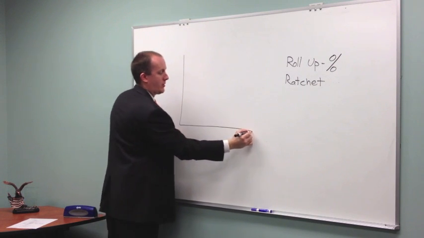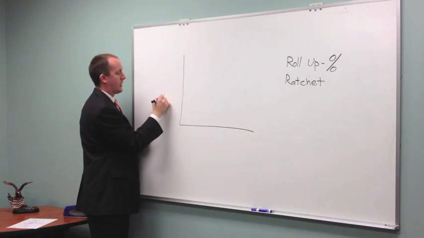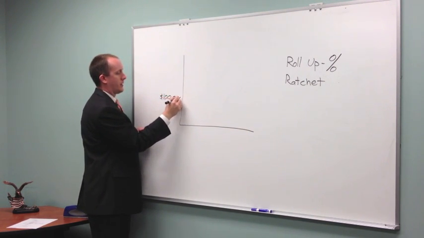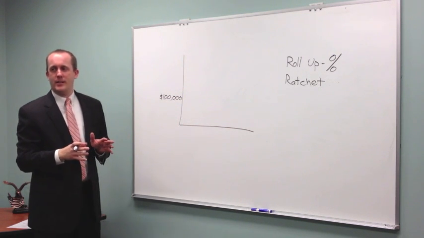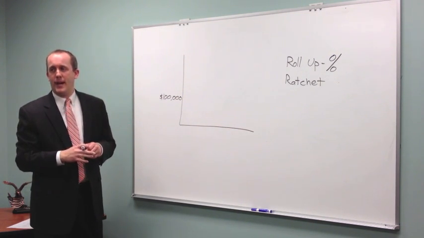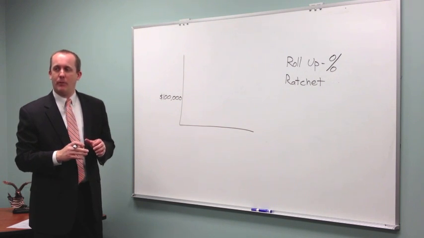Let's take an example, and I'm going to stick with $100,000 like I've been doing so far. Someone invests $100,000 in a variable annuity, and all they're going to have in this example is the standard return of premium death benefit.